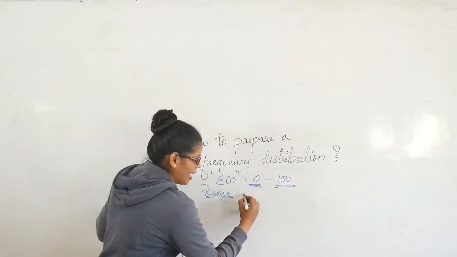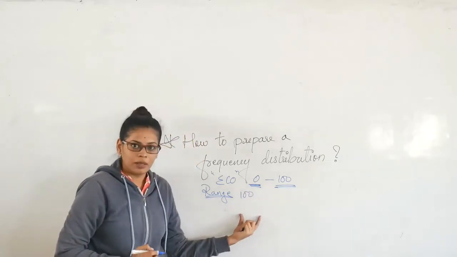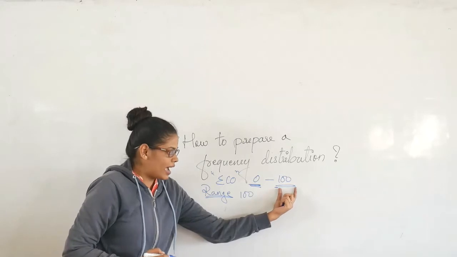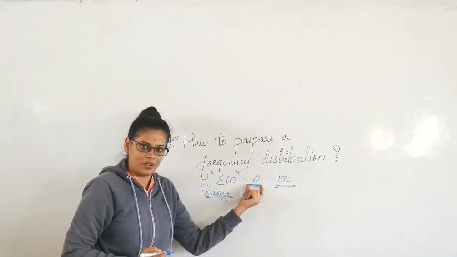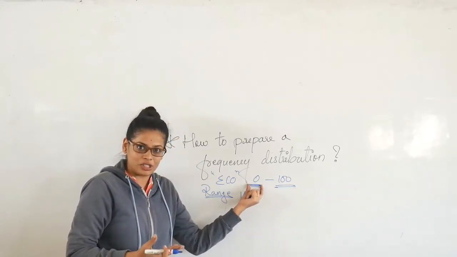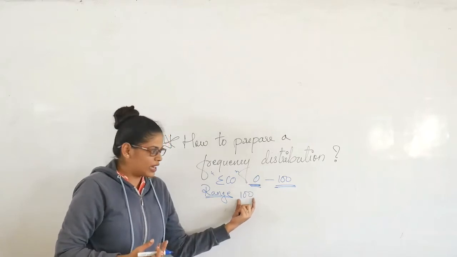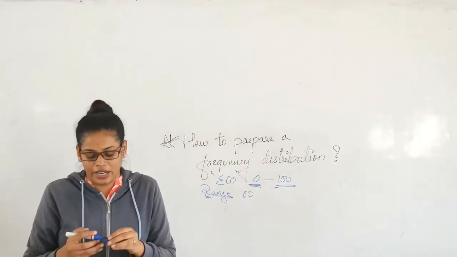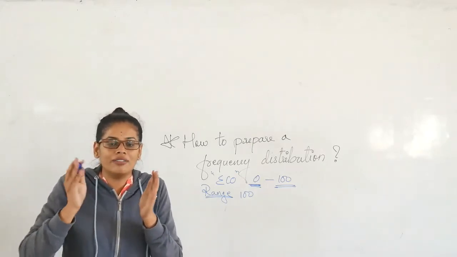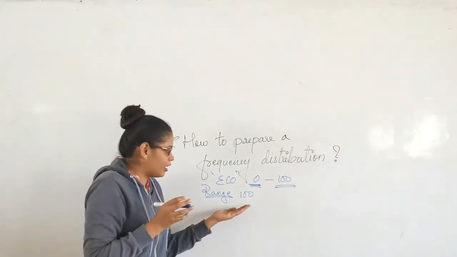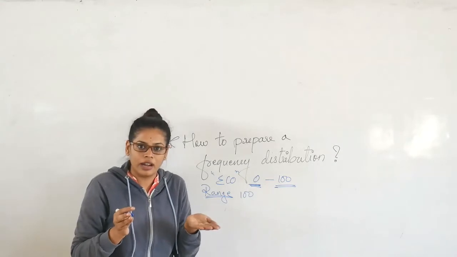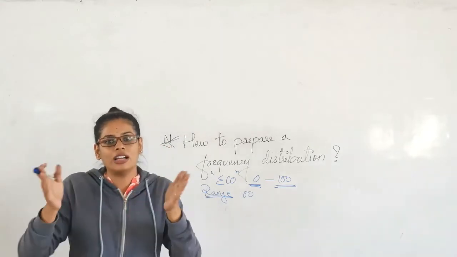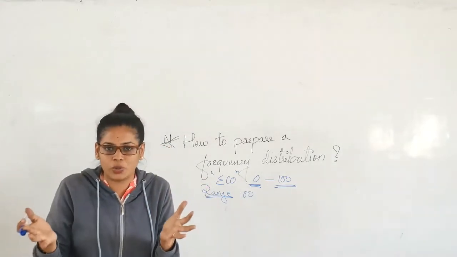So now we have a range of 100, right? This is the highest value and this is the lowest value of our data. So the range becomes 100 for us. When we have 100 as a range, it's quite a long variation because we have 100 numbers, right? So this is a very long or large range we can call it.